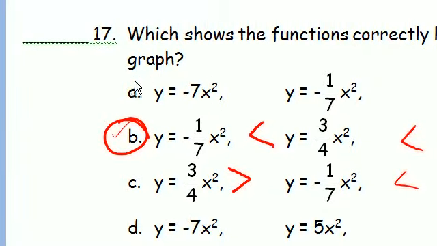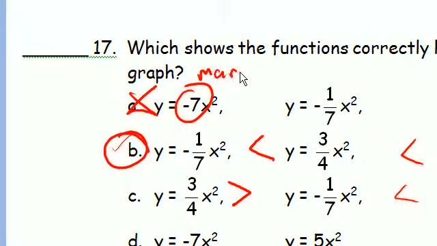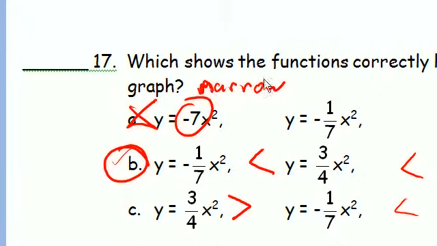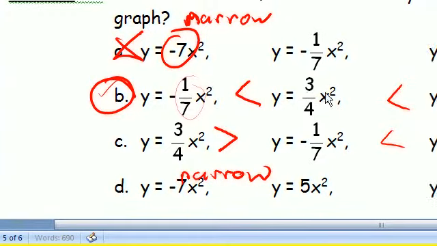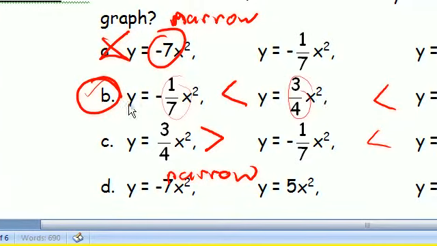This one is wrong because it's starting at the narrowest, and this one is wrong because it's also starting at the narrowest. This is the right one because 1/7 is smaller than 3/4, which is smaller than 5, which is smaller than 7.